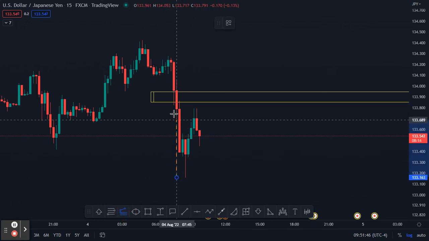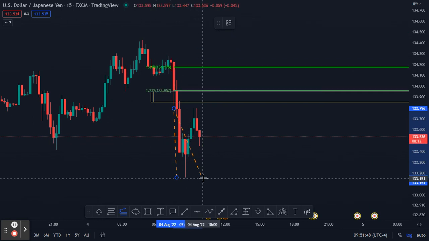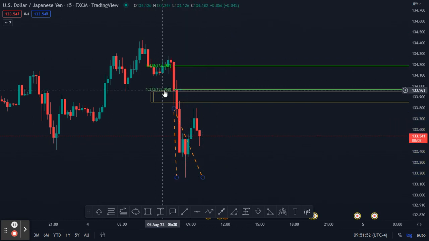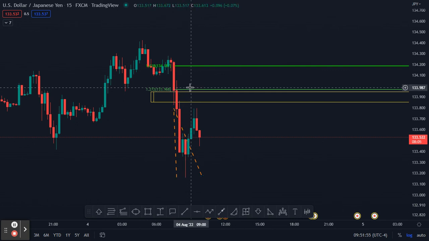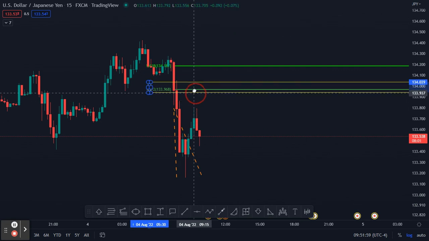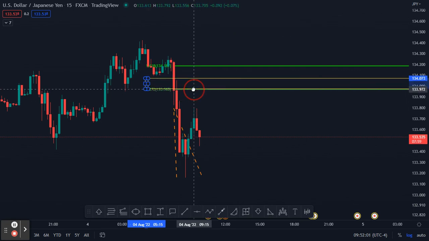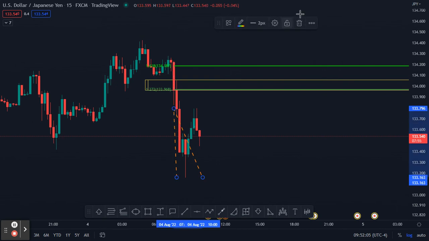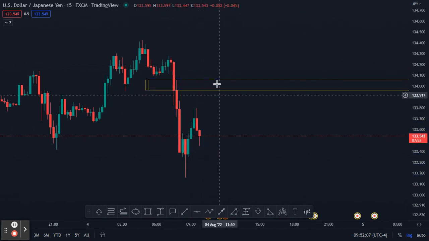Boom. We're going to break it down. Bam. So really the ultimate target is probably the 133.968, so it's really in this area. You can either move like this and leave it there, but it lines up with confluence. That's really pretty close between that whole entire zone we had.